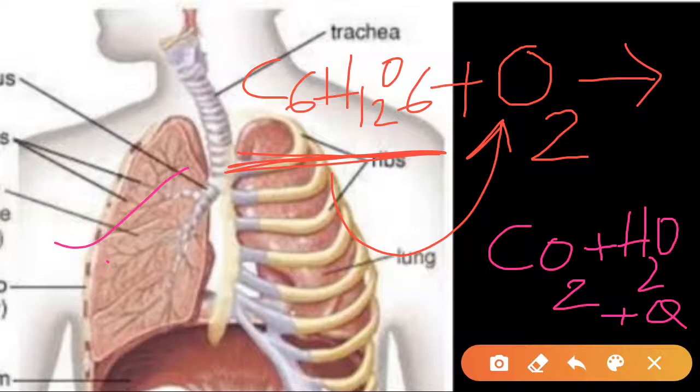New substances like carbon dioxide and water are formed. Also there is a change in the mass as glucose is oxidized by oxygen. Hence it is a chemical change.